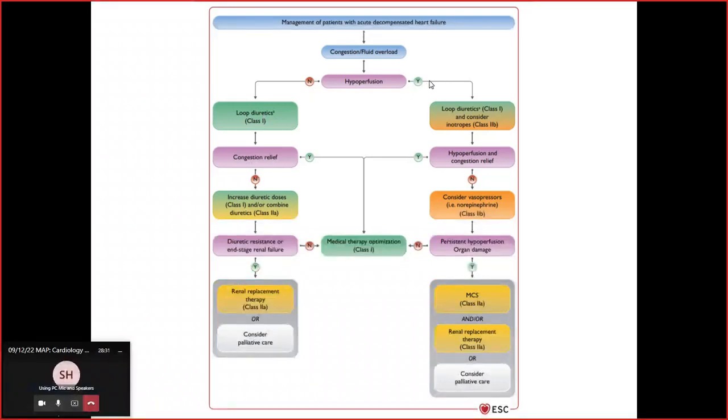But if the patient presents with cardiogenic shock, so decompensated heart failure with low blood pressure and hypoperfusion symptoms, this patient will be transferred to ITU with the starting maybe of a low-dose loop diuretic or immediate starting of inotropes, a vasopressor, or consider LV assist device or intra-aortic balloon pump implantation.